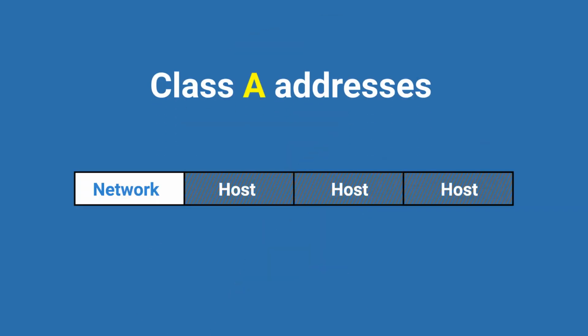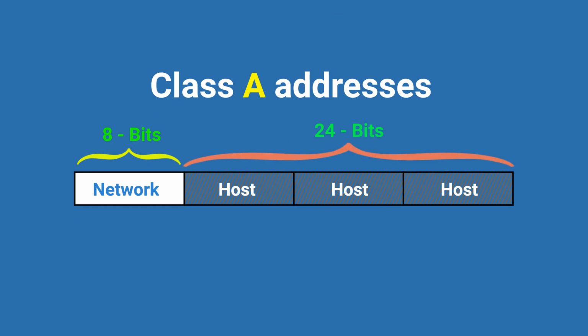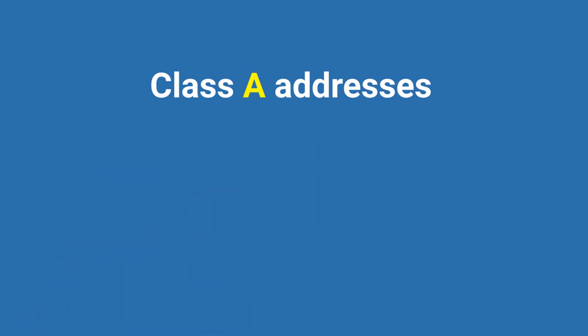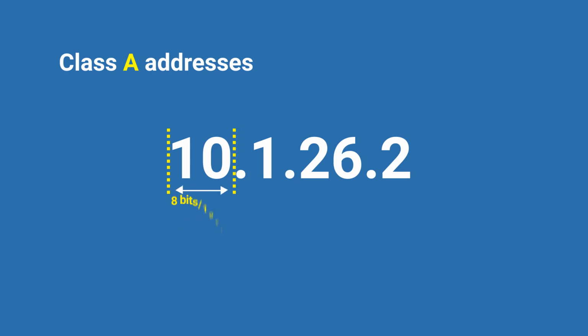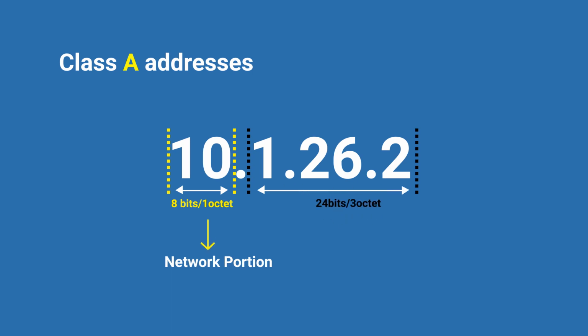Class A addresses. In Class A addressing, the first 8 bits of the IP addresses are used for the network ID, and the final 24 bits are used for the host ID. For example, take 10.1.26.2. The first 8 bits or the first octet, that is, 10, is the network portion, and the next 24 bits, that is, 1.26.2, is the host portion.